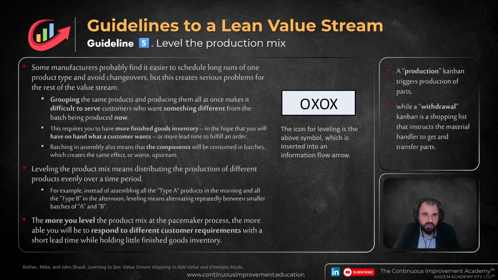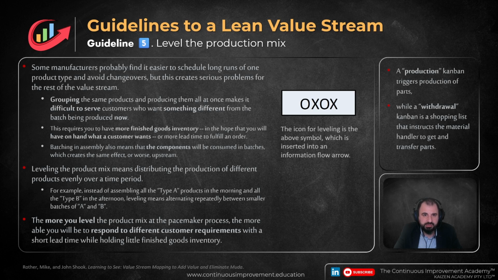So our 5th guideline addresses a common pitfall, which is scheduling long runs of one product type to minimize changeover. In some factories, to avoid the time wasted in changeover, you would just schedule longer batches of every product, which would result in overproduction and also extra inventory.